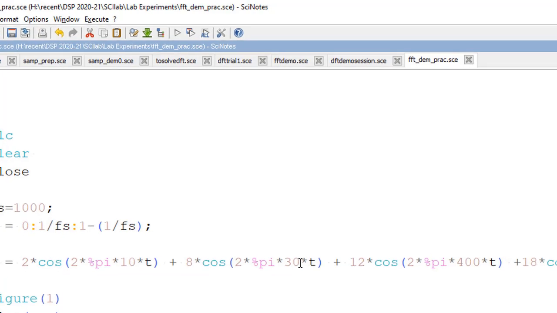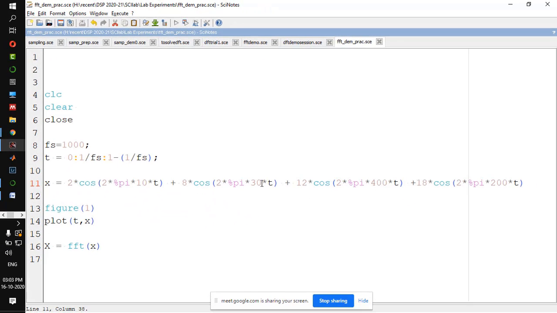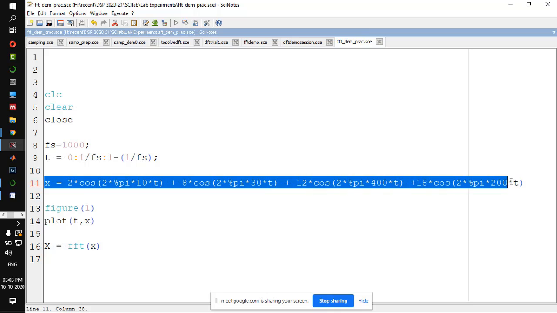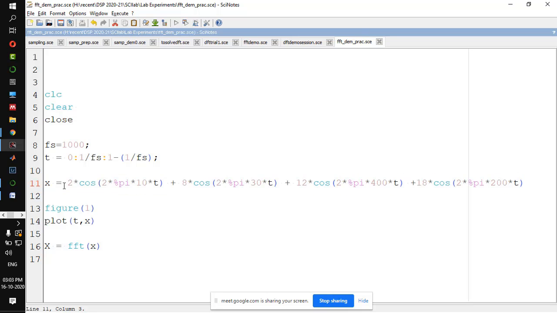But while solving problems, how many samples do we usually take? In theory, we solved a number of problems for x of n. What was the maximum length you have taken? Maximum 8, no. But in practical applications, how many points do we have to take? It will be in terms of 1000, right? Just to convince you, I have given sampling frequency as 1000.